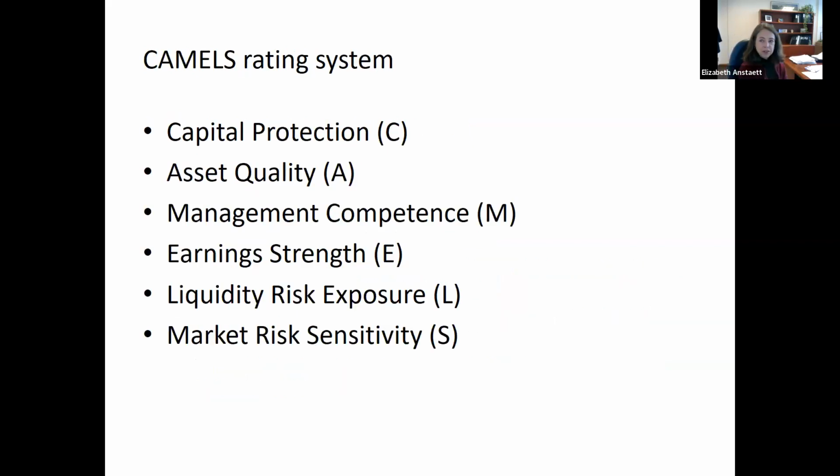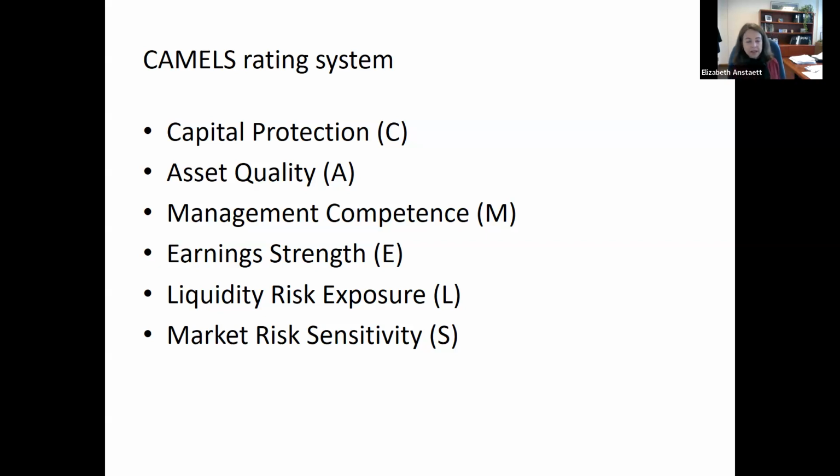So as I've mentioned off and on, there is a CAMELS rating system, and these are the areas, and it spells CAMELS, which is why it's called CAMELS. So it's essentially capital protection, asset management competence, earnings strength, liquidity, risk exposure, and market sensitivity. And so these are all concepts, hopefully, that sound at least somewhat familiar.